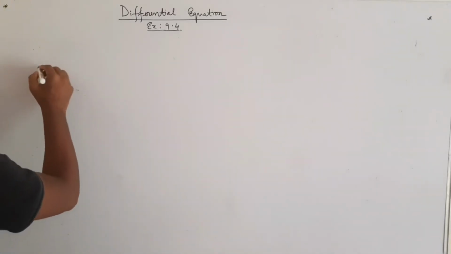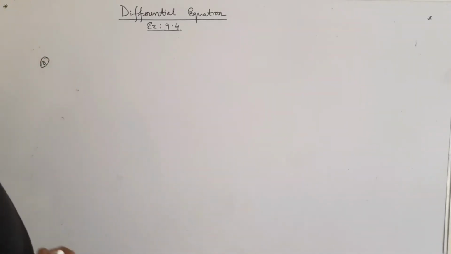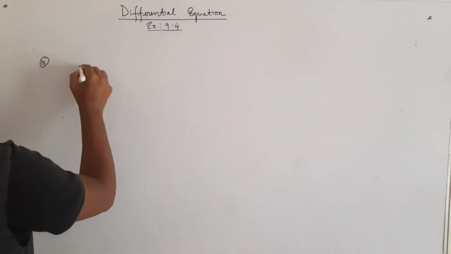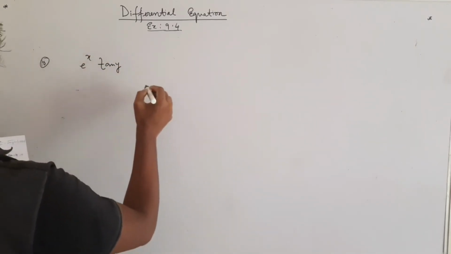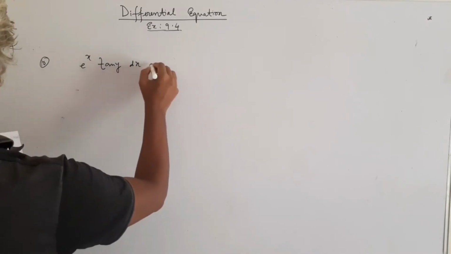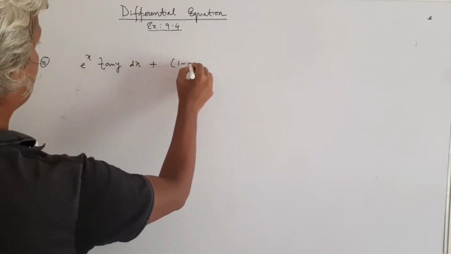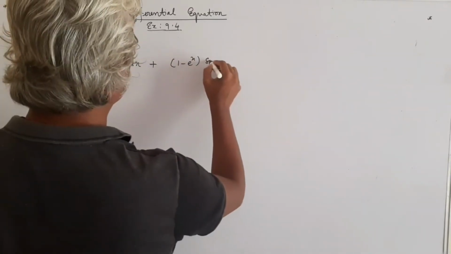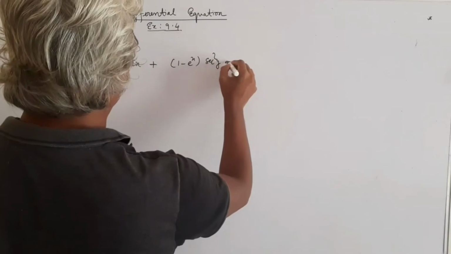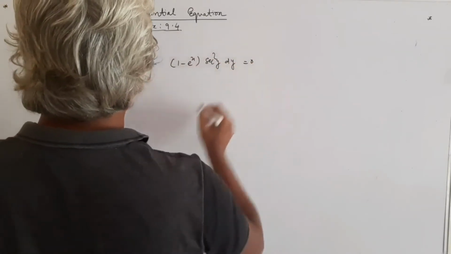Then I have question number 10, which goes like e to the power x tan y dx plus 1 minus e to the power x sec square y dy is 0.